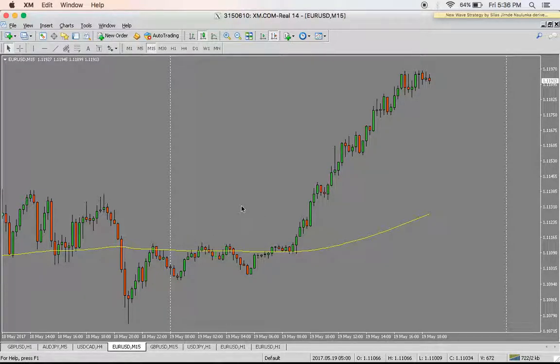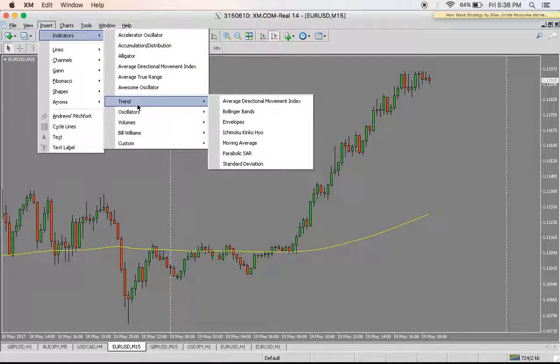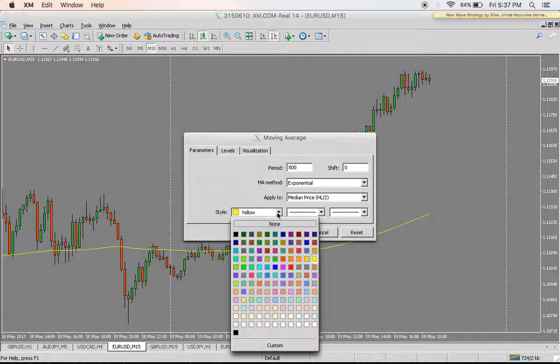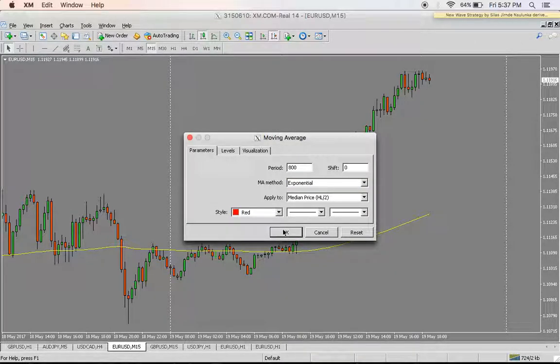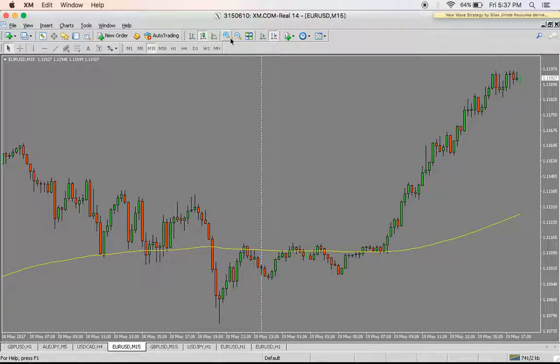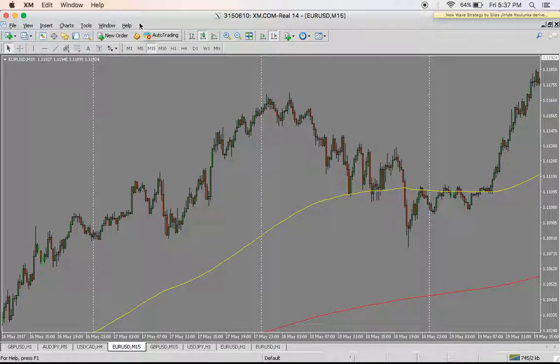Let me just add the 800 indicators, trend, moving average, and this 800 period. Yeah, exponential. Let me just make it red. There we go. Probably not gonna see it. It's somewhere down there. Yeah, there it is right at the bottom.